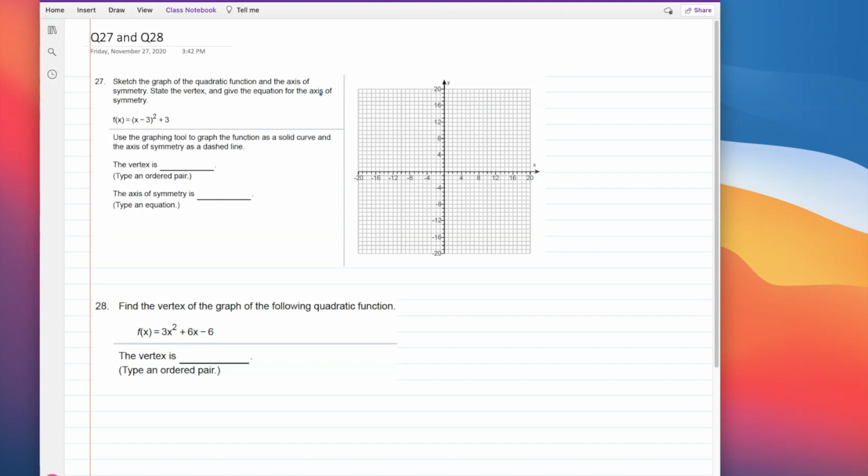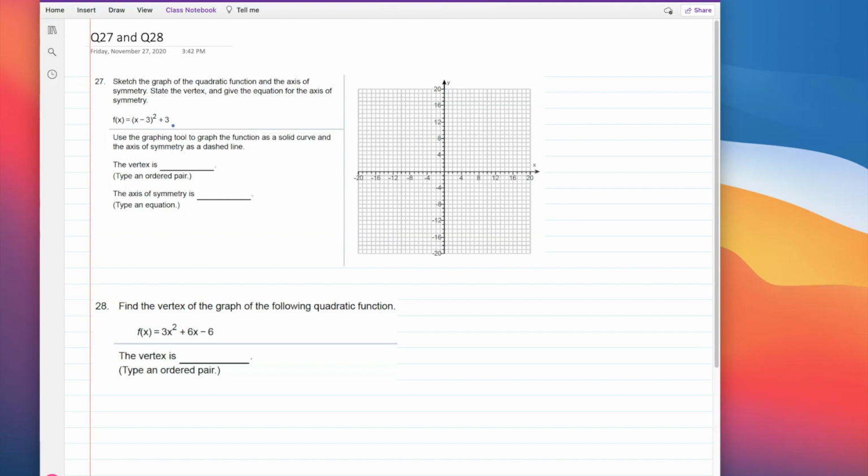And the idea, so let's see, question 27. Sketch the graph of the quadratic function and the axis of symmetry. State the vertex and give the equation for the axis of symmetry. So this is a quadratic equation that is written in vertex form.